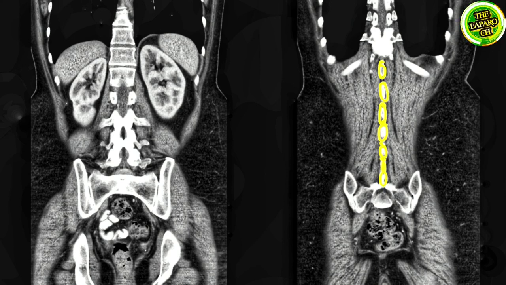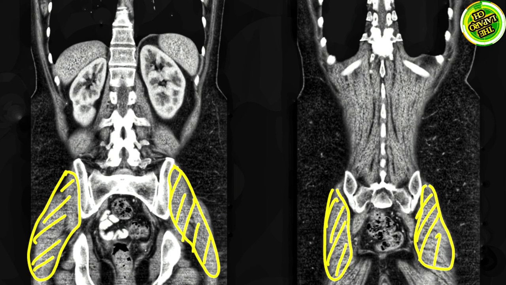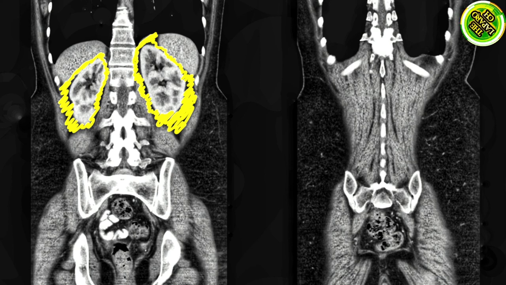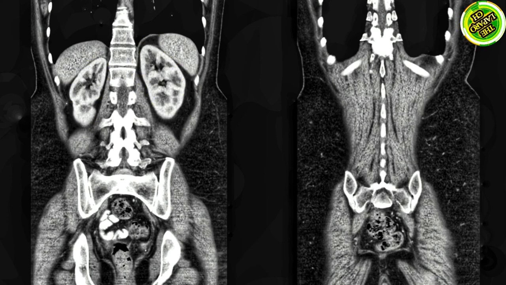These are the spines of the vertebrae, pelvic bone, gluteal muscles, femur, gas-filled rectum with fecal matter can also be seen. The empty space around the kidneys is perinephric fat.